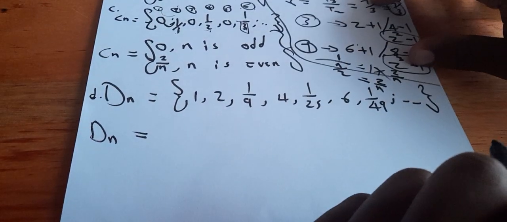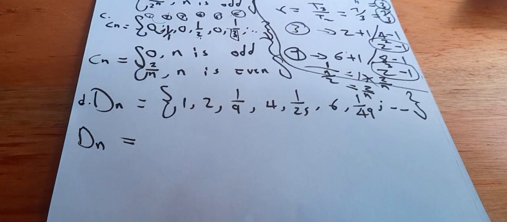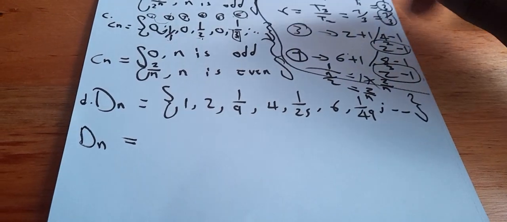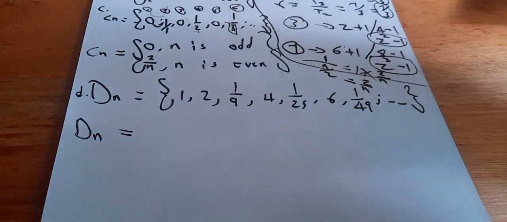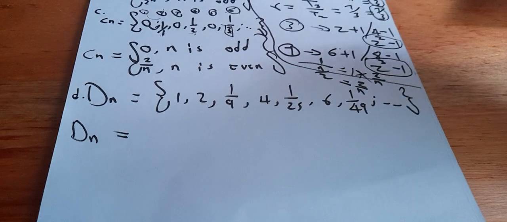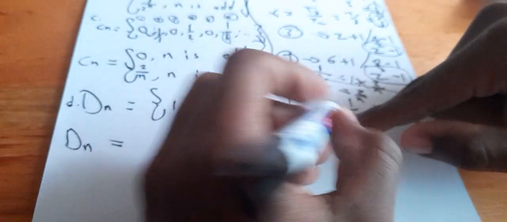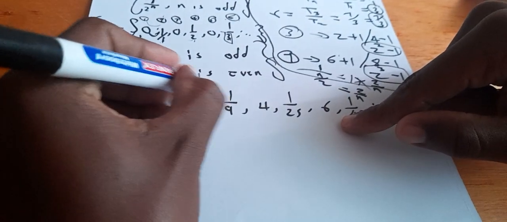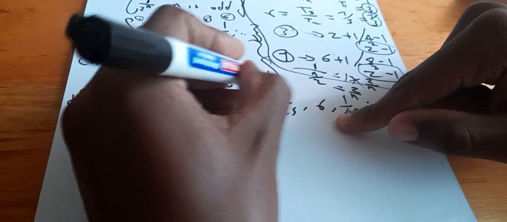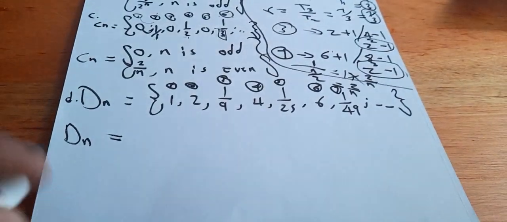But now I see it's a combination of positive integers and positive fractions. So I can easily say, oh, since it's a combination of 2, then it means it's a piecewise function. You have 1, 2, 3, 4, 5, 6, 7 as the terms.